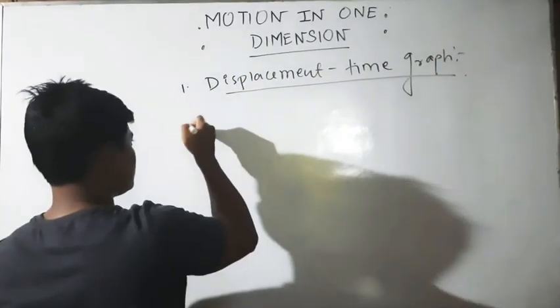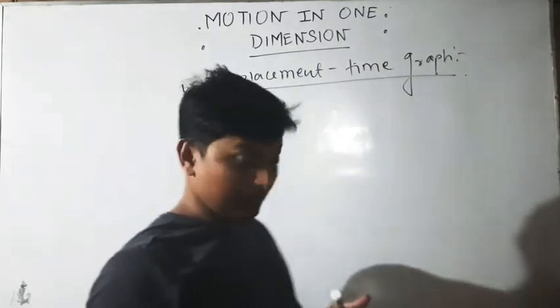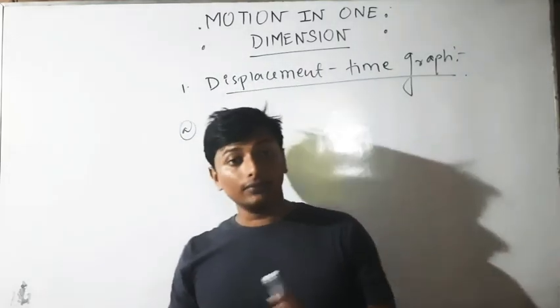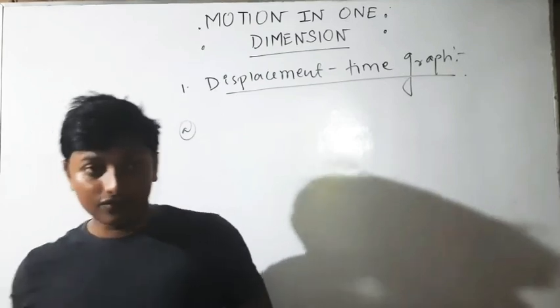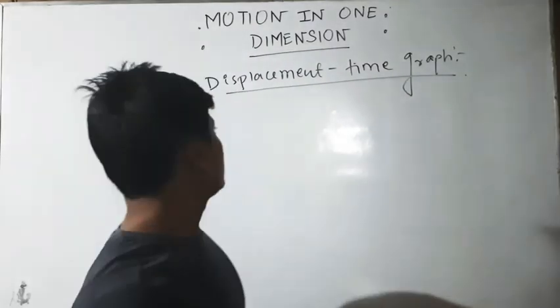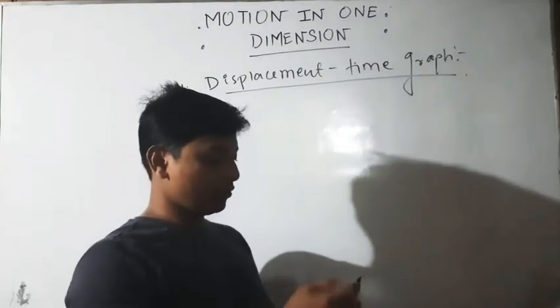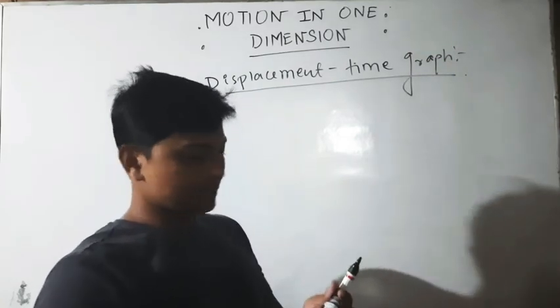So in displacement time graph, let us take a few examples and see how we can actually frame these graphs. The first graph we'll be studying is when a body is at rest.